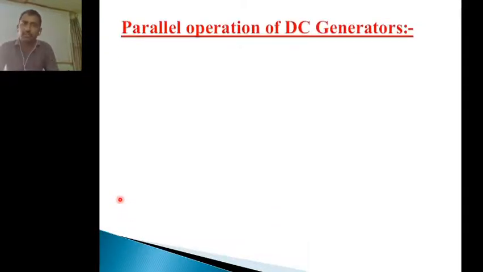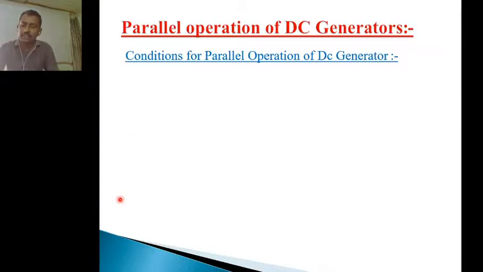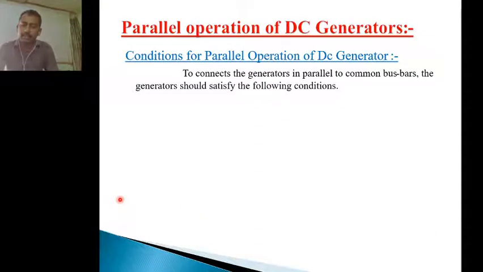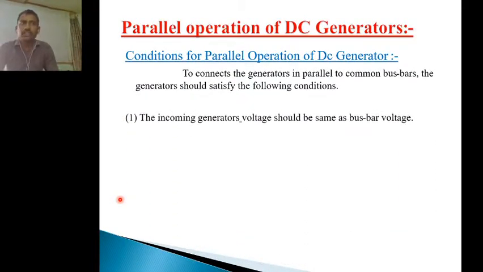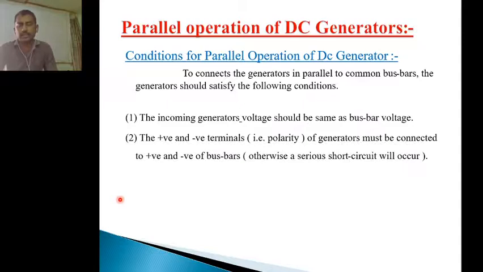Before going to the parallel operation of the DC generator, first let us see what conditions we have to fulfill for connecting any generators in parallel. So what are the conditions? The first one is the incoming generator's voltage should be the same as the bus bar voltage, and the second one is the positive terminal and the negative terminal of the generator must be connected to the positive terminal and the negative terminal of the bus bars.